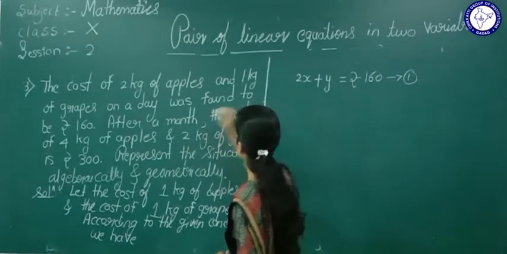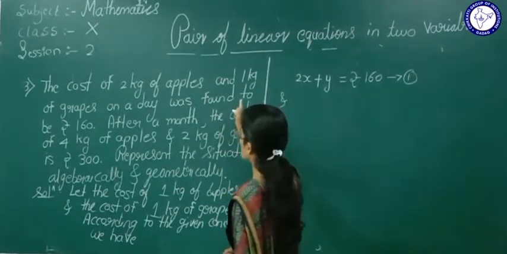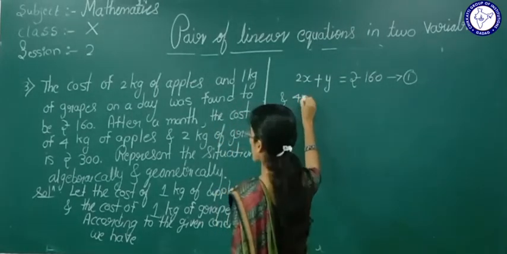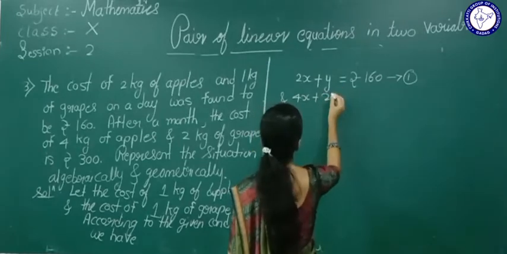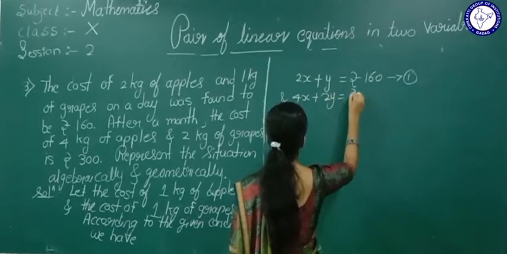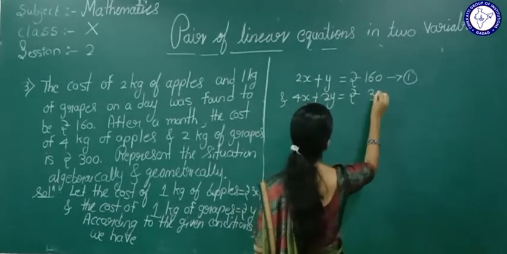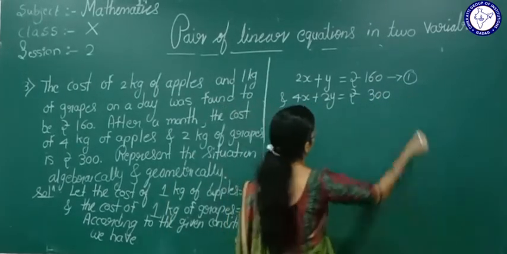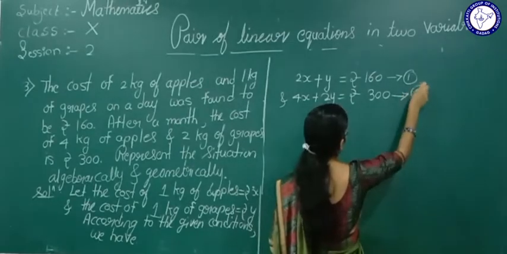The second one: after a month, the cost of 4 kg of apples and 2 kg of grapes is rupees 300. Call this equation number 2.